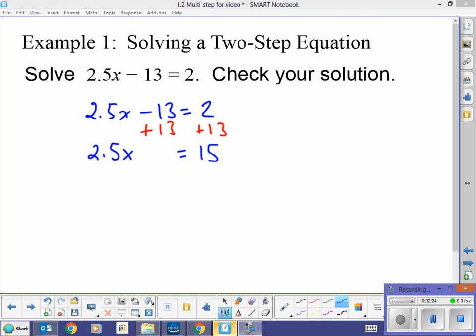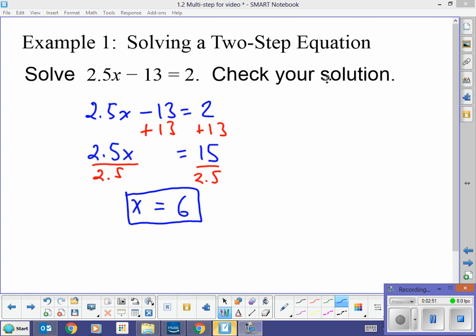And then dividing both sides now by 2.5. We saw this yesterday. Dividing any number by itself results in a 1. So 1 times x is x. And 15 divided by 2.5 is 6. So x equals 6.